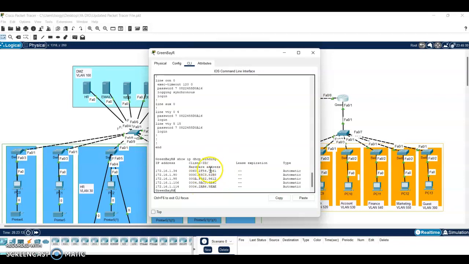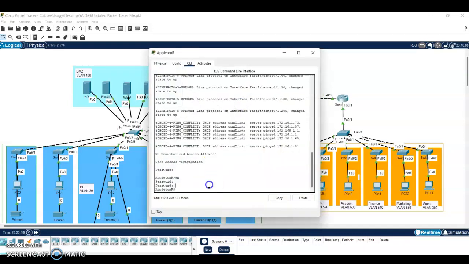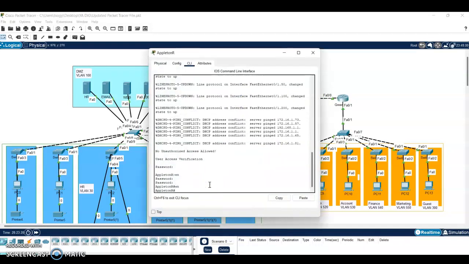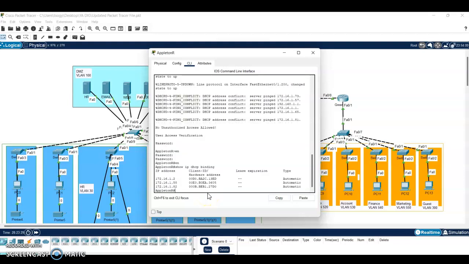So I have my DHCP binding right here as well on the Green Bay and on the Appleton too, as you can see right here.